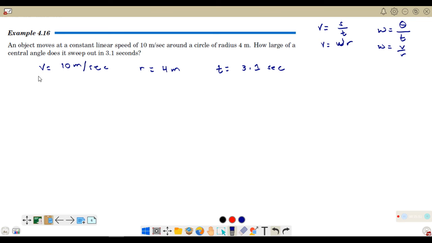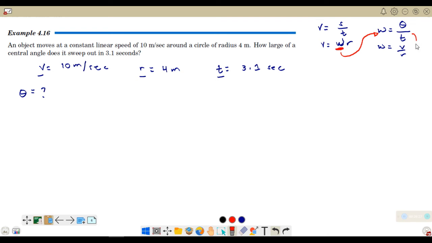Okay, so paano natin to i-solve? So, meron kang V, meron kang R, meron kang T. And you are only looking for the central angle theta. You're not even looking for the omega. Okay. So, start na tayo. Unahin natin yung pagkuha ng angular speed. And then, pag nakuha na natin si angular speed, we are going to substitute its value to this formula.